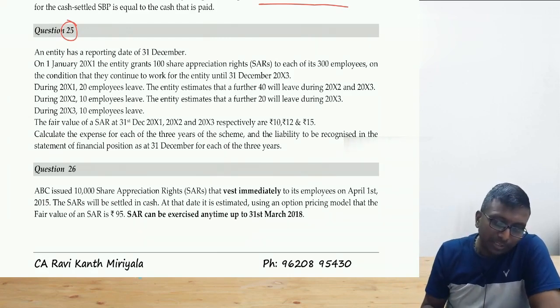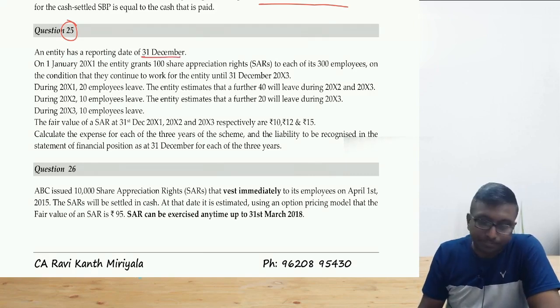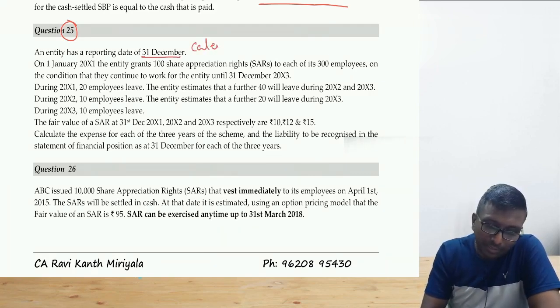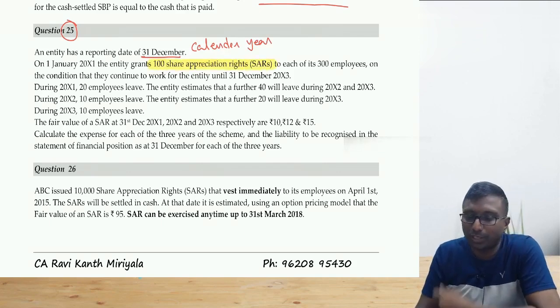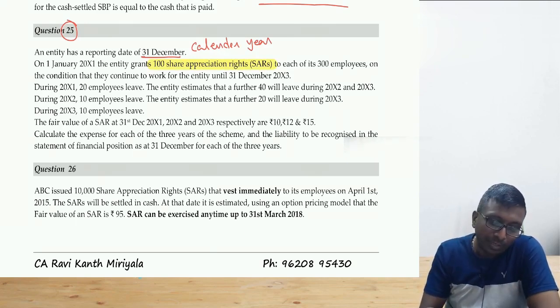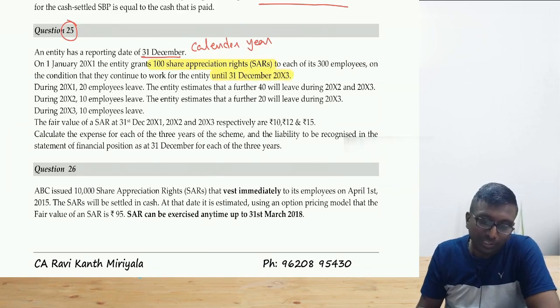Read, my dear. Entity reporting date is December, calendar year. Correct? On 1st January 2001, the entity grants 100 share appreciation rights to each of its 300 employees, on the condition that they continue to work till 31st December 2003.